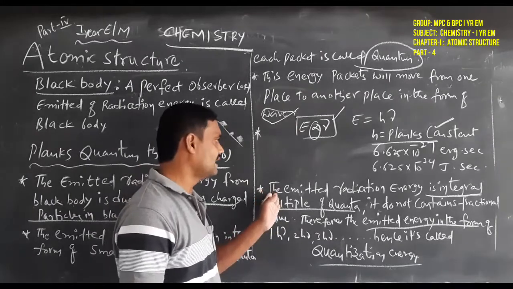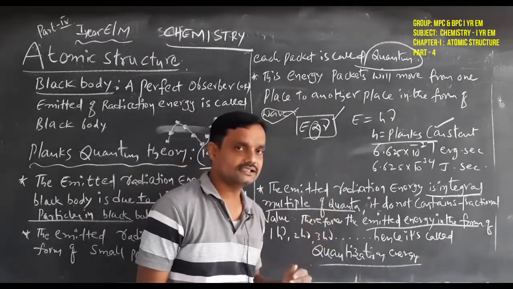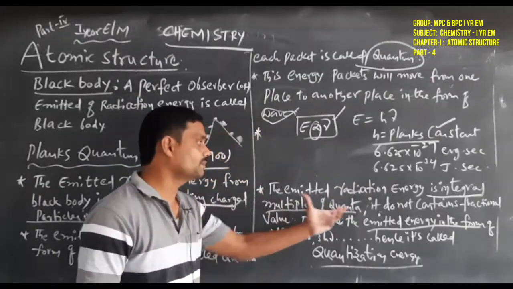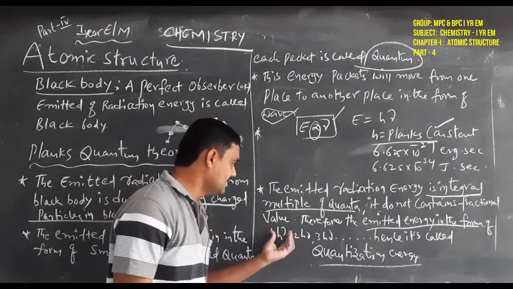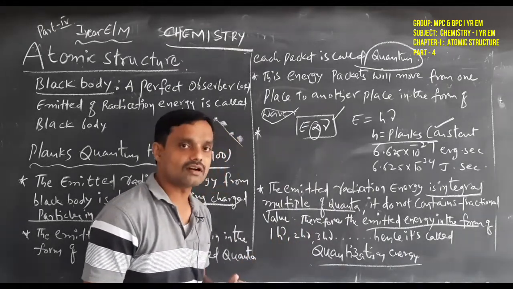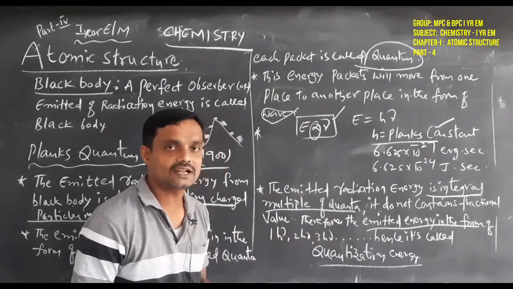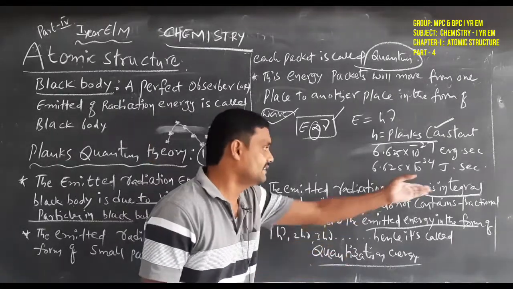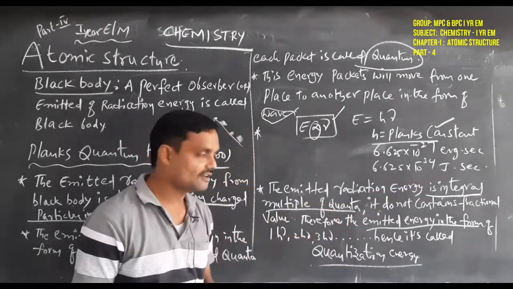The emitted radiation energy is an integral multiple of quanta, meaning it is multiplied with integers. It does not contain any fractional values.